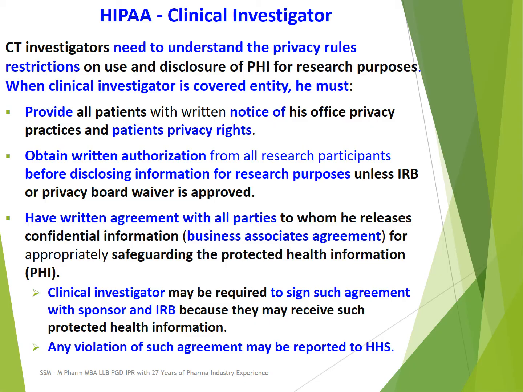The clinical investigator may be required to sign such an agreement with the sponsor or company and the institutional review board, because they may receive such protected health information when the investigator sends the clinical trial reports to them. Any violation of such an agreement by business associates may be reported to the Health and Human Services Department.